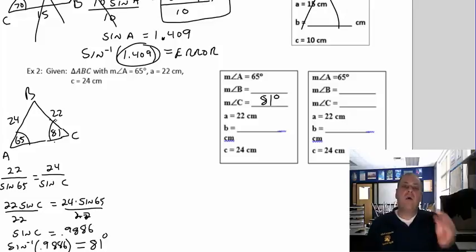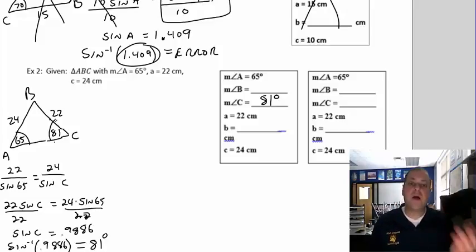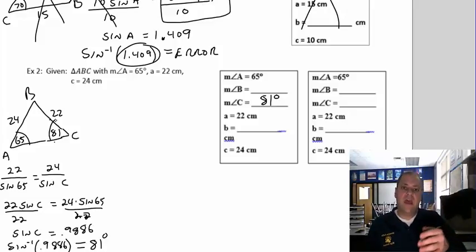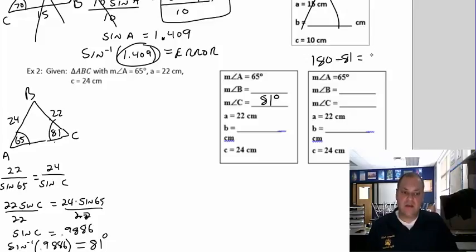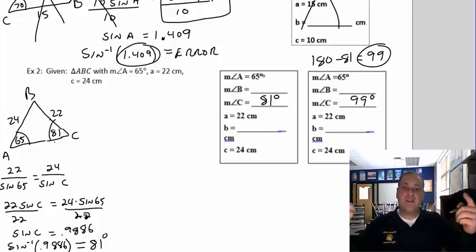However, it is possible to have a supplementary angle. So if I do the supplement, 180 minus 81, I'm going to get 99. So it's also possible for angle C to be 99, because what's the first thing we did in this lesson?